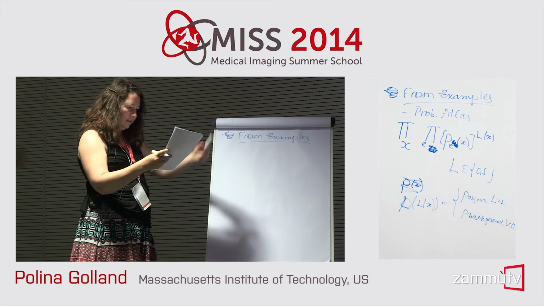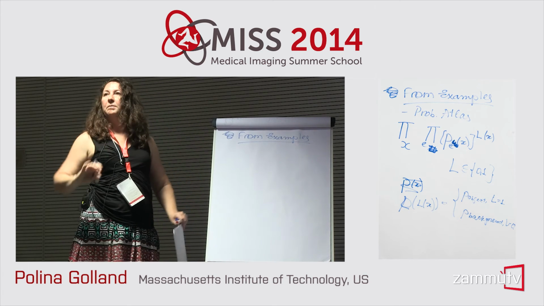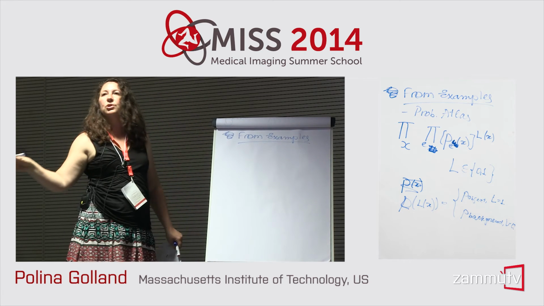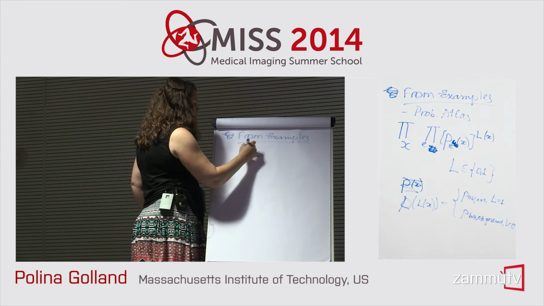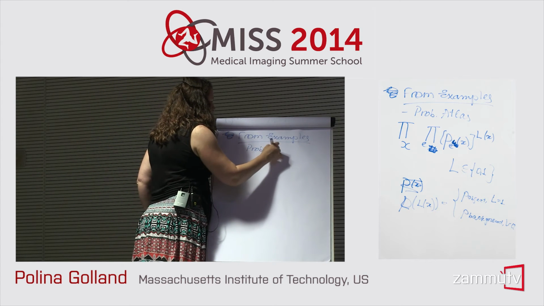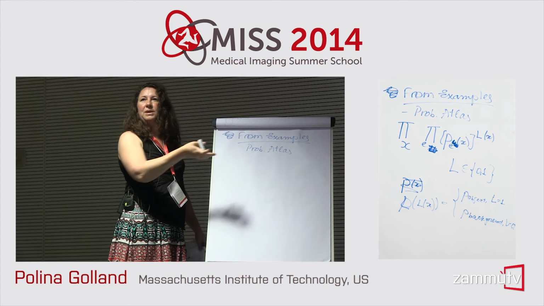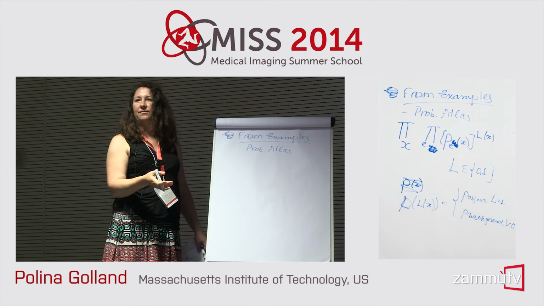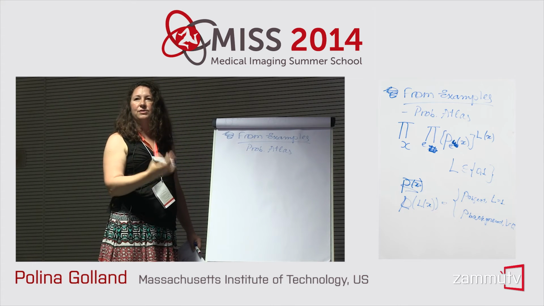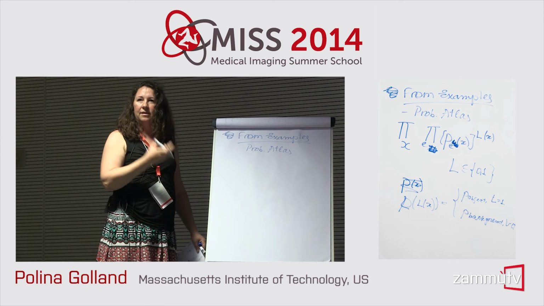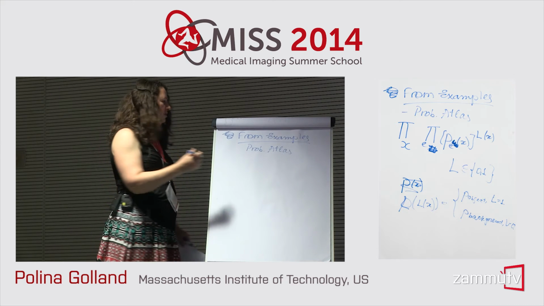Okay, so in learning from examples, you build a probabilistic atlas, which is the most common approach. For some reason, in this particular domain, the probabilists have dominated the field. Somehow, you see many more papers that cast it in a probabilistic way than in the energy-based way.